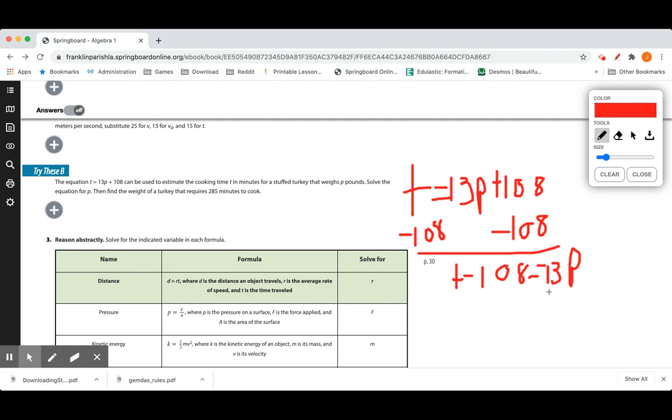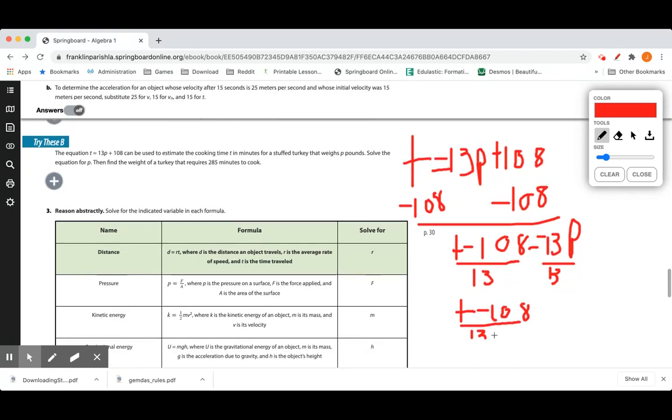And then we want to divide both sides by 13 to get the P by itself there. So T minus 108 divided by 13 will equal the pounds, P, of the turkey.